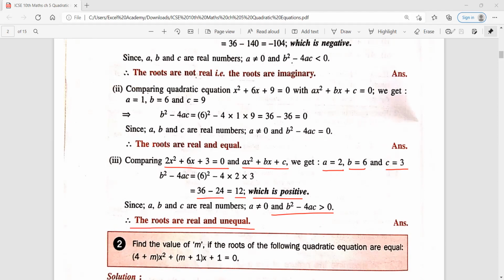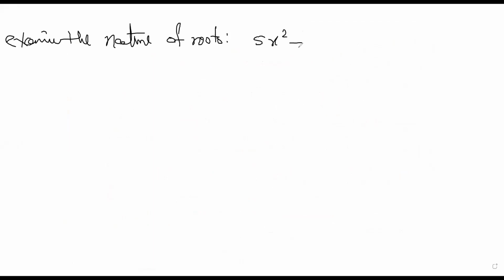ओके, एक मी तुम्हाला करून दाखवतो, म्हणजे तुमच्या लक्षात येईल कसं आहे. जस्ट आणि मग आपण एक्सरसाइज करताना मी करून दाखवणारच आहे. Examine the nature of roots for 5x square plus 6x plus 3 equal to 0. मग काय लिहिणार तुम्ही?